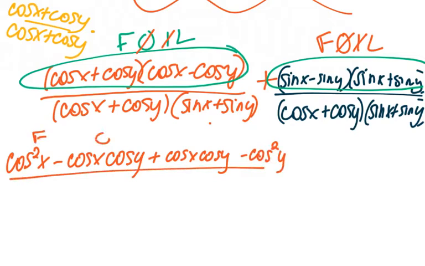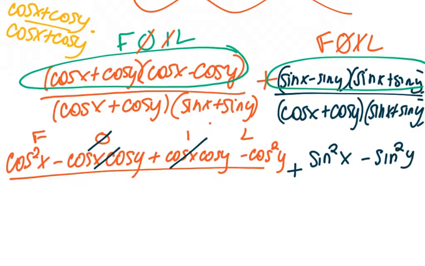The first, the outer, the inner, and the last. And you notice the outer and the inner are conjugates, so they will cancel out. And so in the second fraction, I'm not even going to bother multiplying the outer and the inner. I'm just going to multiply the first and the last. So I will get sine squared x minus sine squared y. And this is all over the same denominator, so we're just going to rewrite that over here.